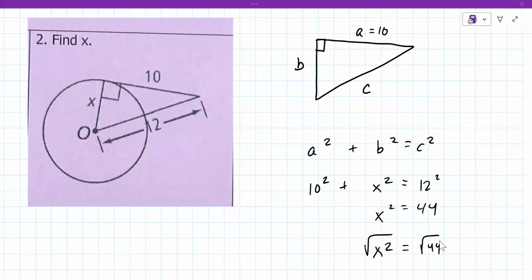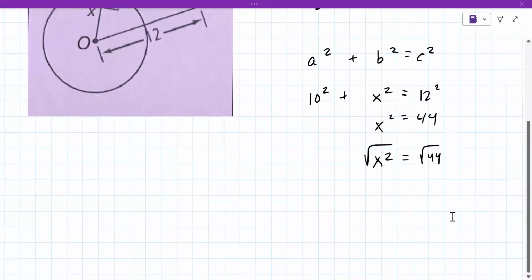Do you have a calculator? Yes. I want you to take the square root of 44. That's it. I'm trying, but there's no X in the scientific calculator. We're not doing X. The X is the square root of 44.